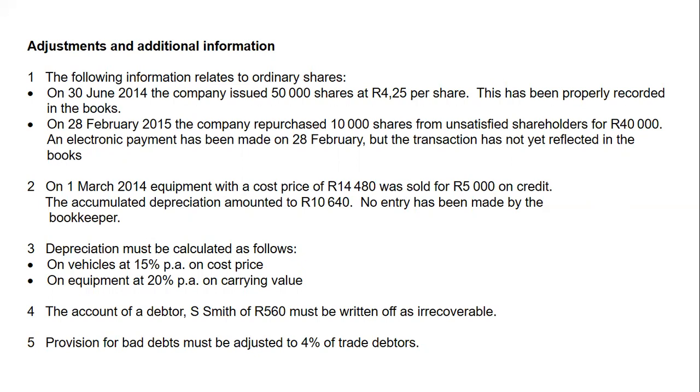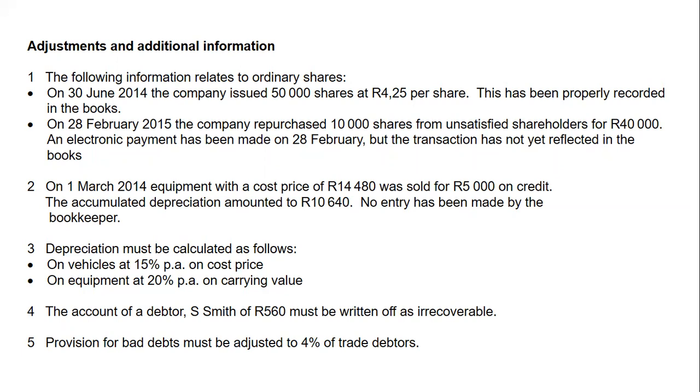Now we repurchased 10,000 shares from an unsatisfied shareholder. So the shareholder was not happy, and we actually repurchased them for 40,000 rand. Please note that 40,000 rand is the money that we are paying to that shareholder. In exchange, we are getting the 10,000 back.